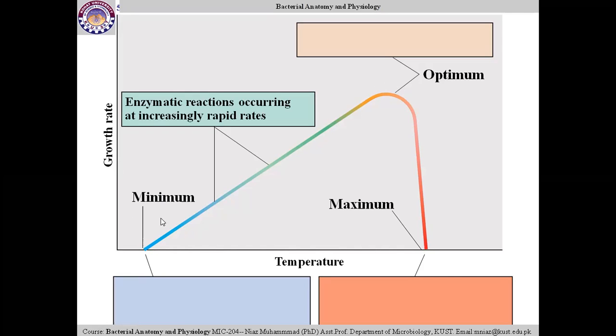When temperature is low, enzyme reactions occur at an increasing rate. When temperature is normal, near 37 or optimal temperature, enzymatic reactions are occurring at an increasingly rapid rate. Okay, what happens when temperature is too high?